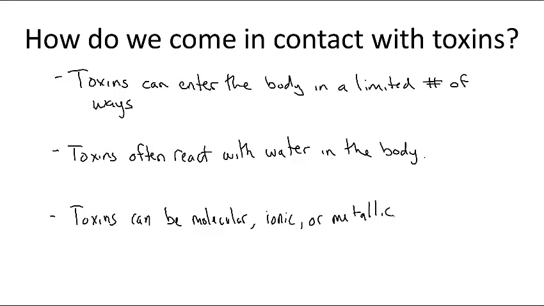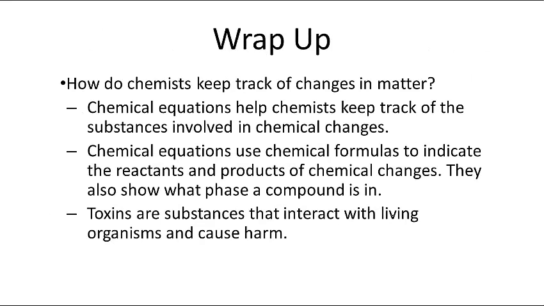Okay. So the question was, how do chemists keep track of changes in matter? Well, chemists keep track of changes in matter by using chemical equations. This helps us know what substances are involved and what phases they're in. So we use these chemical formulas to indicate the reactants and products of chemical changes. They also show what phase.